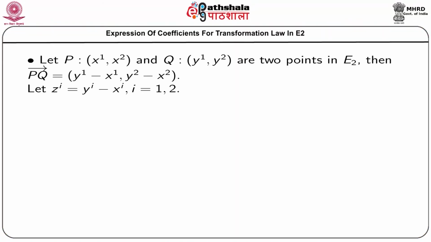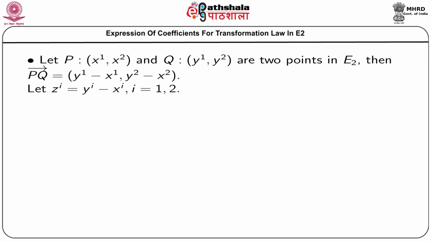In this section, we shall see that with some transformations, these matrices become the partial derivatives. We shall see the expression of the coefficients of the transformation laws in E2 and how it is coming to partial derivatives.